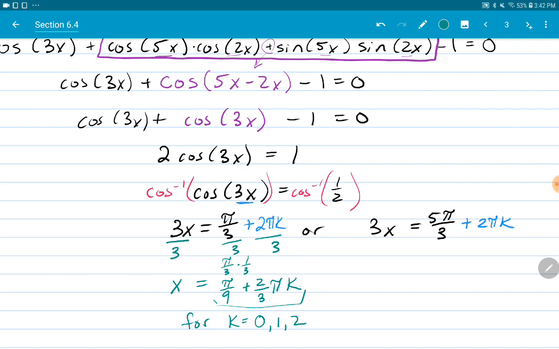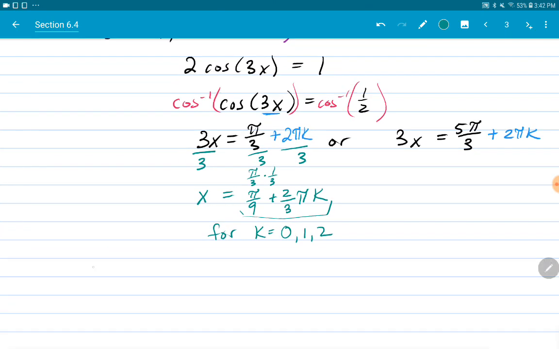So I plug in 0 for k, I get pi over 9. That's within our range. So when k equals 0, I get pi over 9, and then that last term just becomes 0, which equals pi over 9, and that's in our domain.